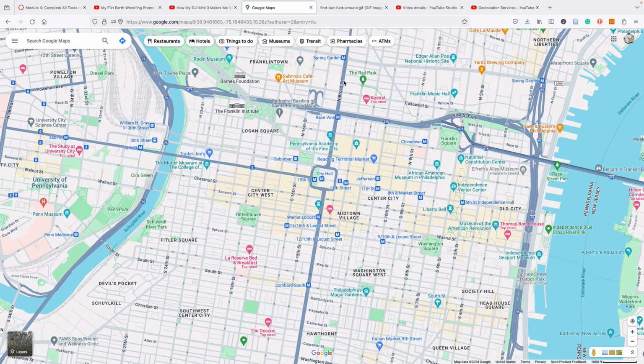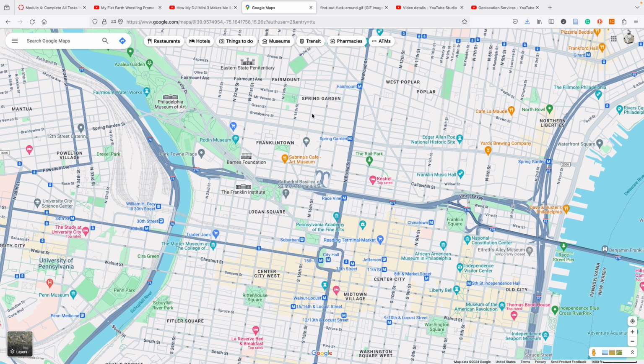So just knowing that an address is North 18th Street, we know that we are roughly 18 streets from the riverfront and north of City Hall.